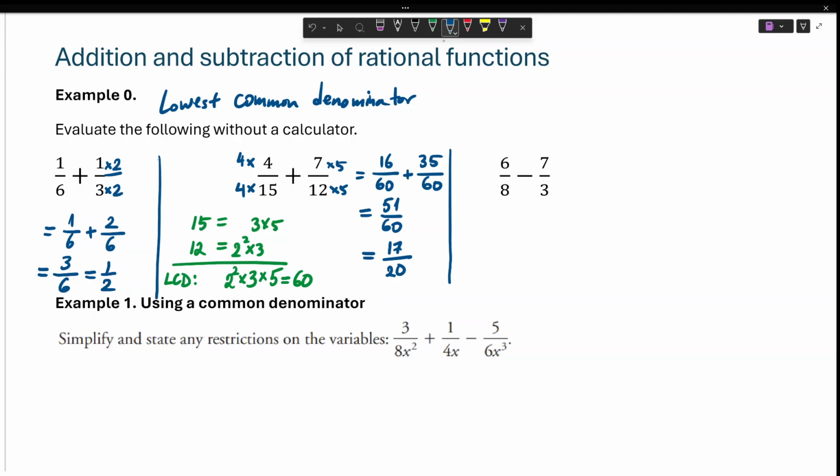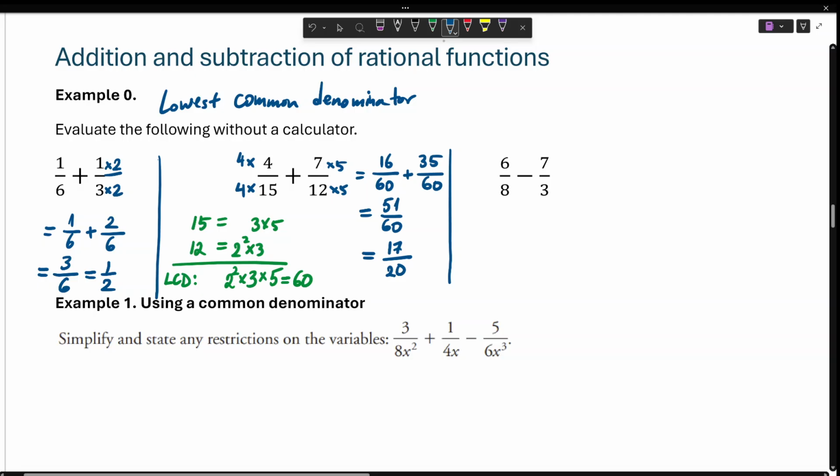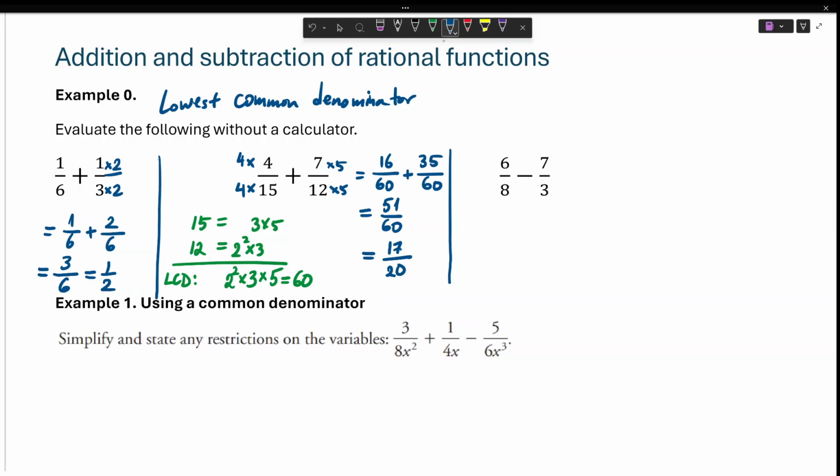Okay, finally we have 6 over 8 minus 7 over 3. So if you look at the lowest common denominator, that should be 24 because that's 3 times 8 and there's no lower number you can use for that, except make sure you simplify first because otherwise you'll end up with bigger numbers than usual. So for 6/8, I'm actually going to write that as 3/4, and that's a lot easier because it's already slightly reduced.